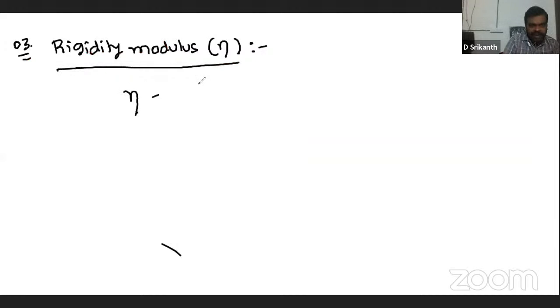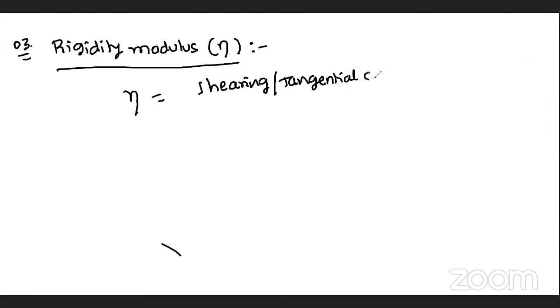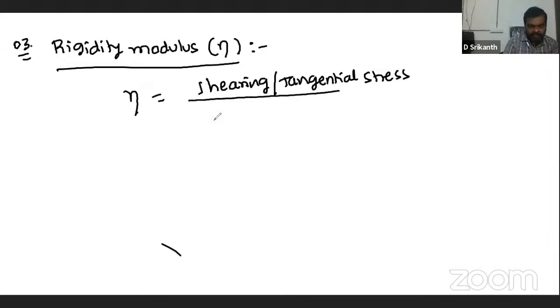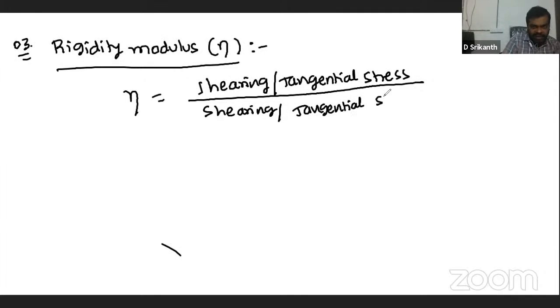Eta can be written as shearing or tangential stress divided by shearing or tangential strain.